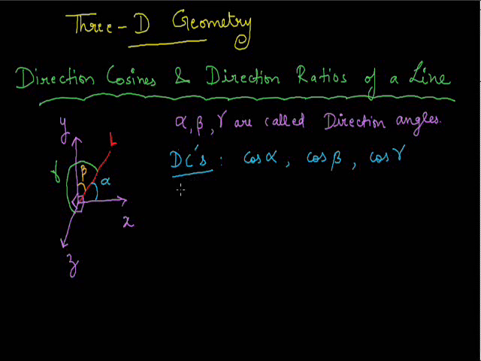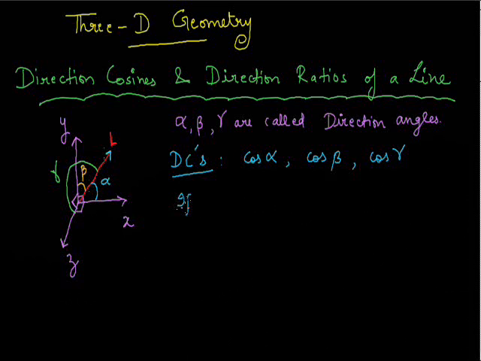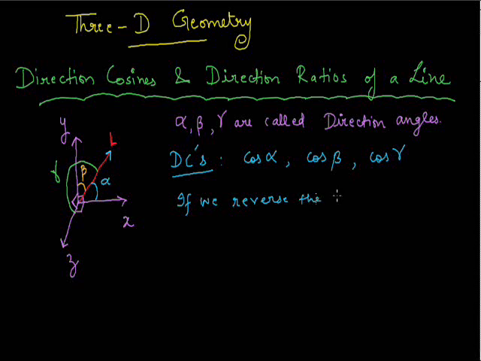So suppose earlier the direction of this line was in this direction, and if we reverse the direction of line L, then the new angles will be the supplement of the earlier angles.